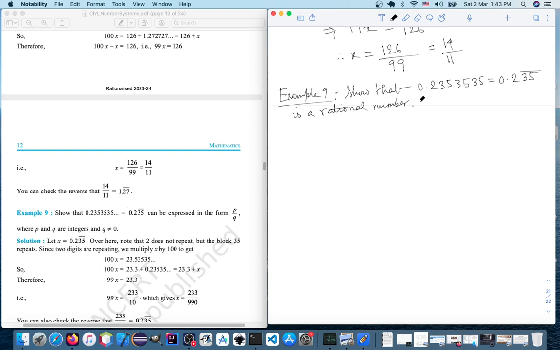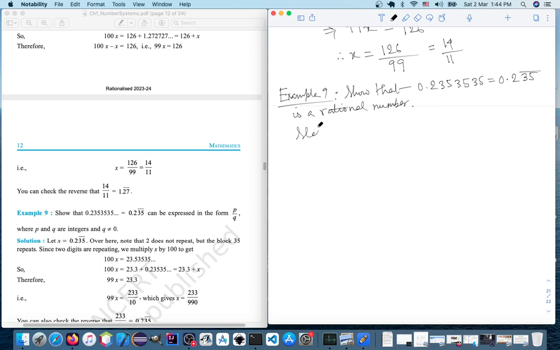In this example, you see that the bar is on top of 3 and 5 only. So the repeating block of digits in this number is 35. So there are again two digits in the repeating block of digits.